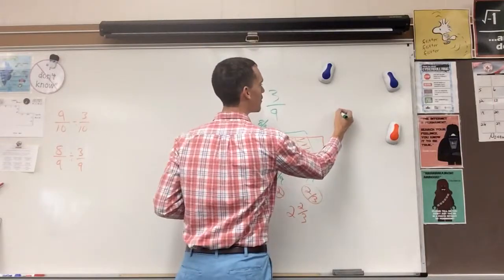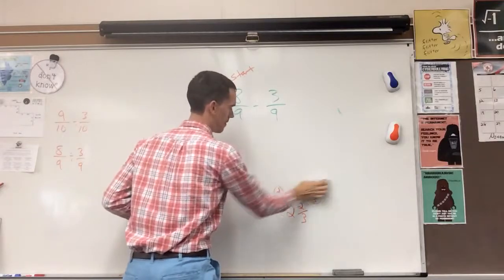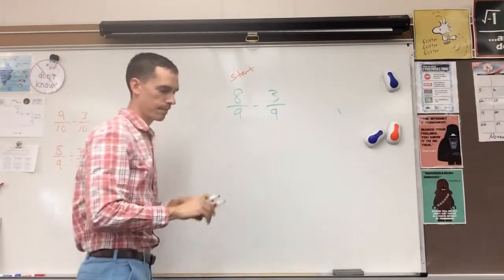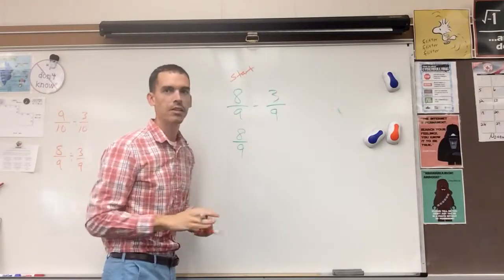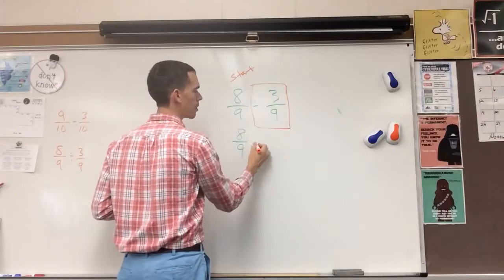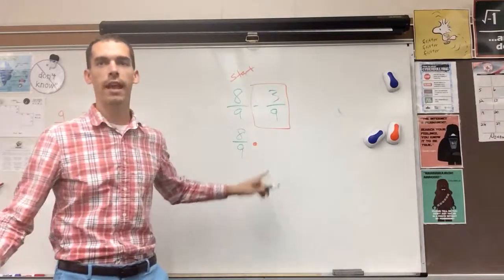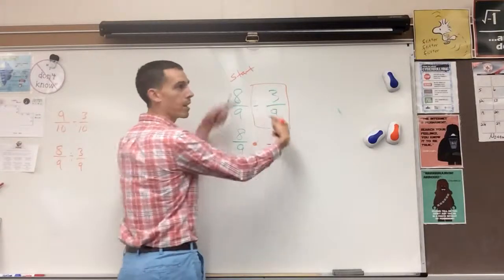Let's erase this below. Eight ninths stays the same. Change division to multiplication. And I use the dot instead of the x as we get towards algebra. We do not want to mix those. And we flip the second fraction.